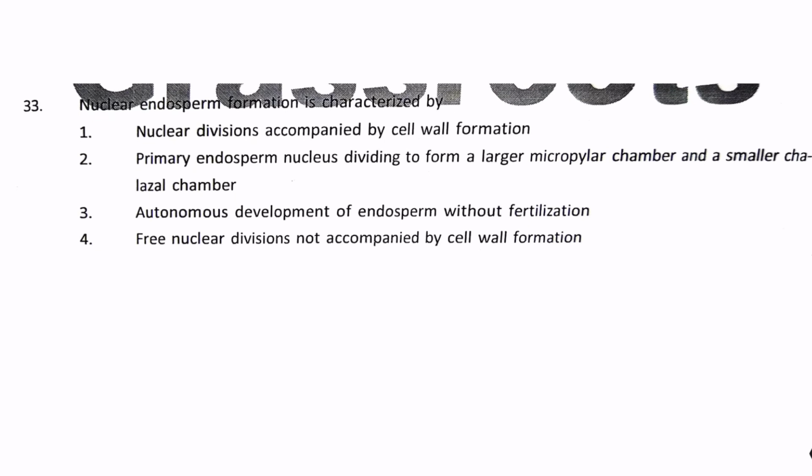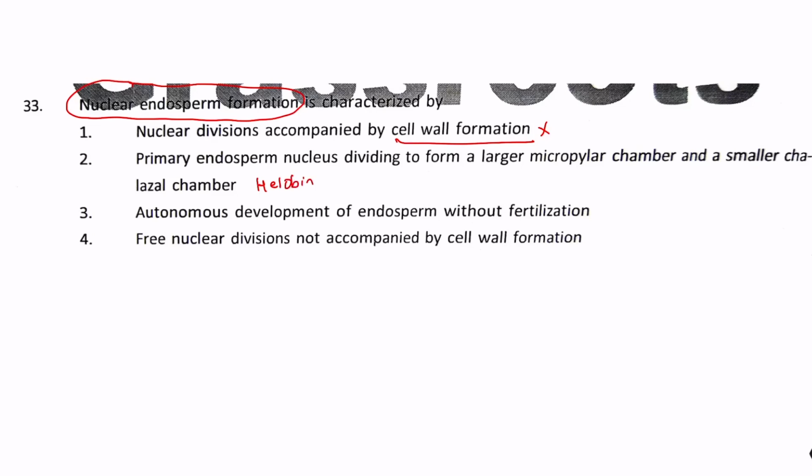Nuclear endosperm formation is characterized by what? Is it nuclear divisions accompanied by cell wall formation? No, cell wall formation is not involved in nuclear division, so this is wrong. Next, primary endosperm nucleus dividing to form a large micropylar chamber and a small chalazal chamber, that is halobial.